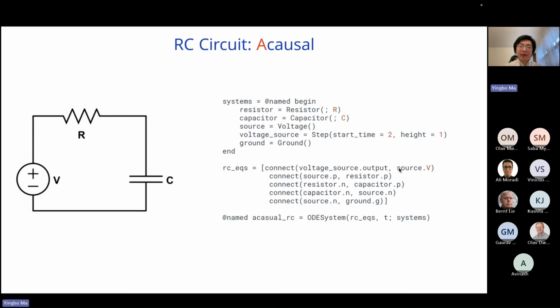So we are connecting the positive terminal of the voltage source with the positive terminal of the resistor, and the negative terminal of the resistor to the positive terminal of the capacitor, and so on and so forth. And one thing to note is that we must connect a ground, right? Otherwise, the a-causal framework will just give you an error saying that this system is underdetermined.